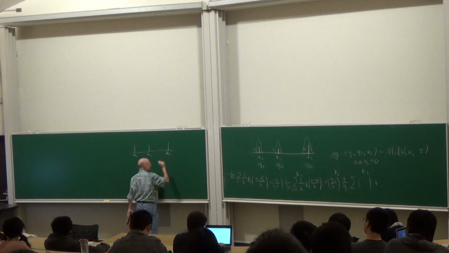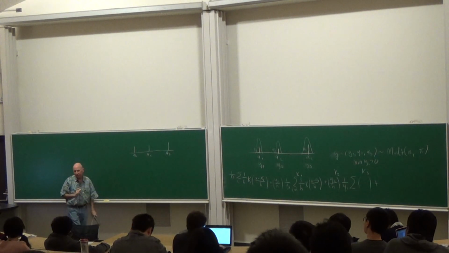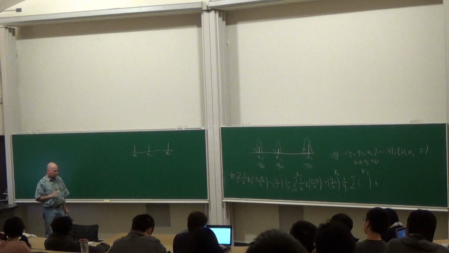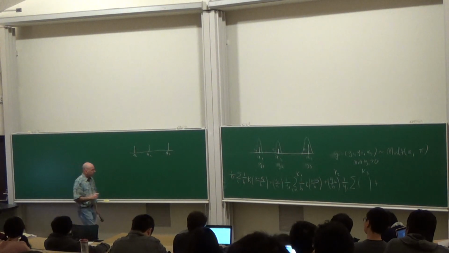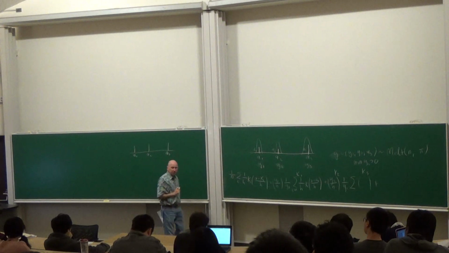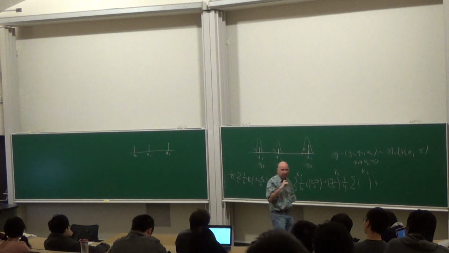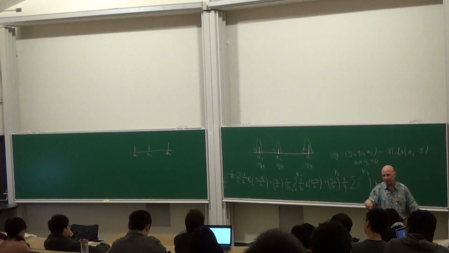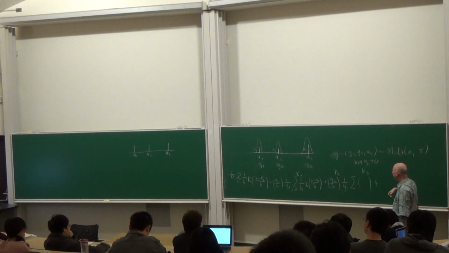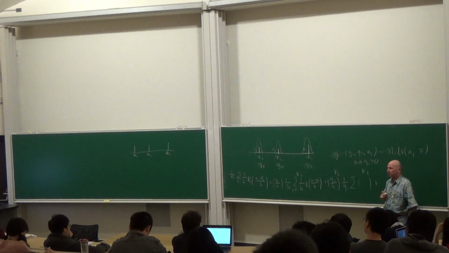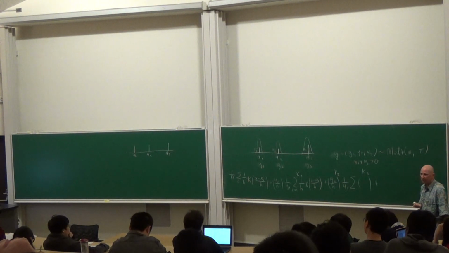Let's again assume that n is large enough that there's observations from each of the three components. So if we had done concentration of measure, maybe I would have asked you also to prove that for n large enough, this holds with probability close to 1 or something. But I think that you can see that that's intuitively obvious.